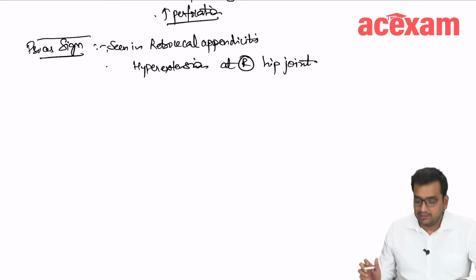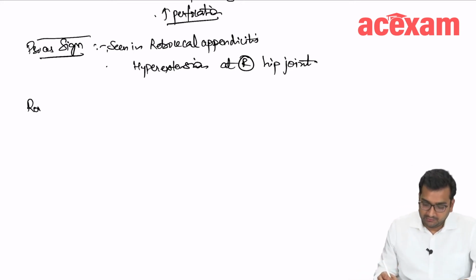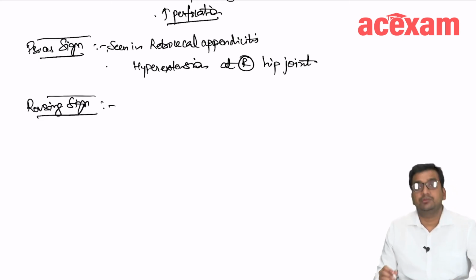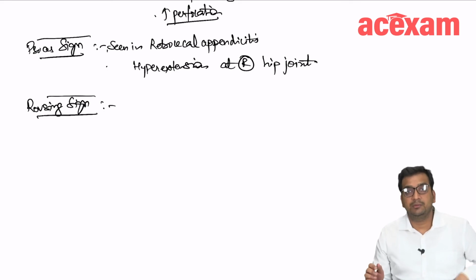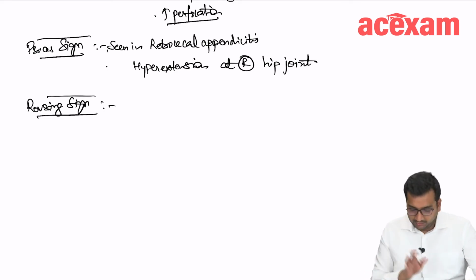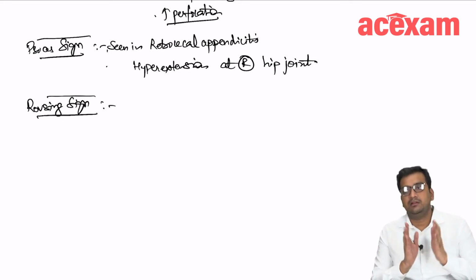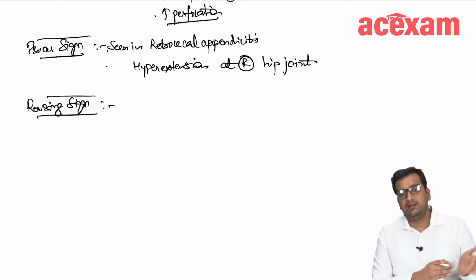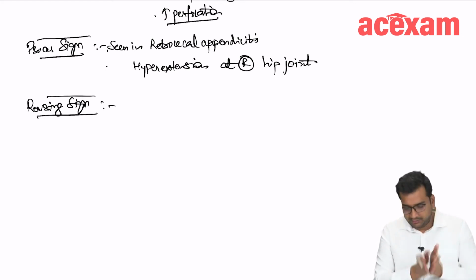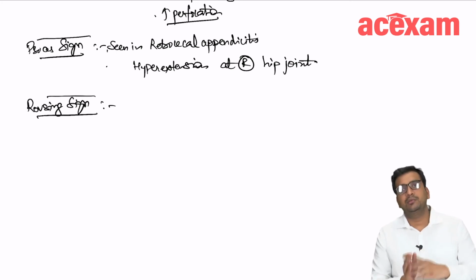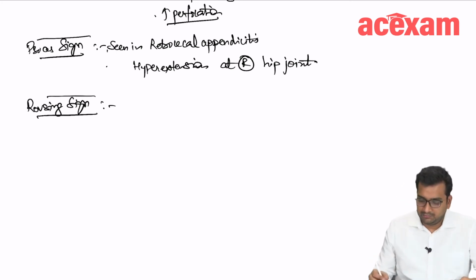Okay. Now, Rovsing sign, I have already explained that there is pain in the right iliac fossa on pressing the left iliac fossa of the patient. Apart from Rovsing sign, there is a Rovsing syndrome also, and there is a Rovsing operation also. So, Rovsing sign is seen in acute appendicitis.